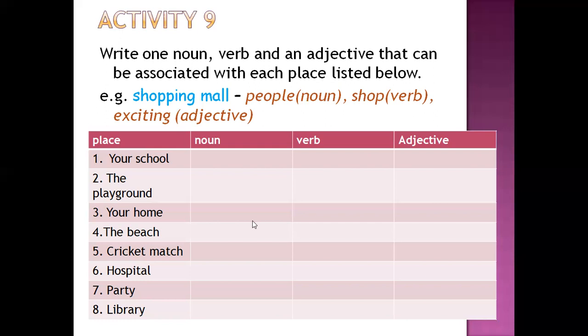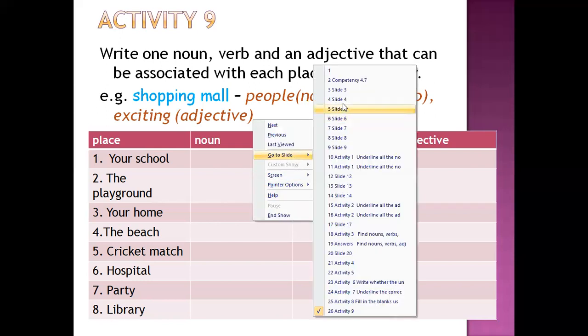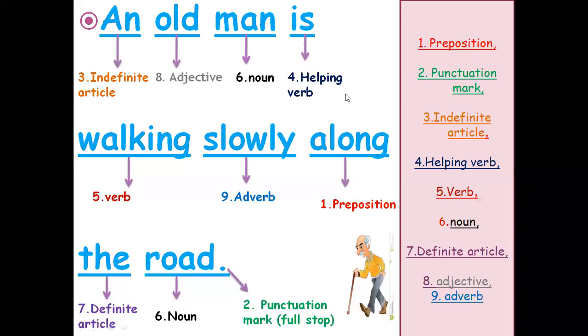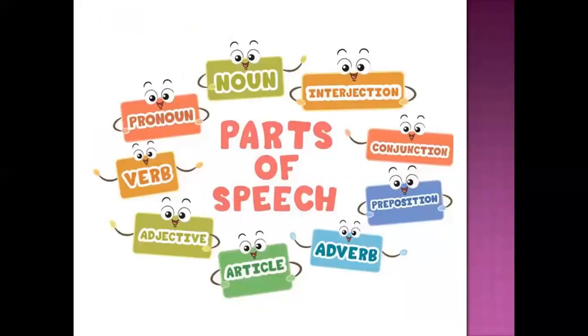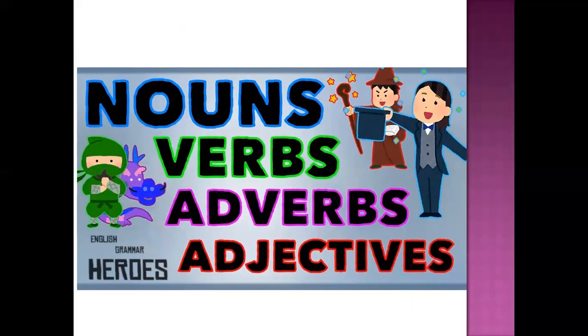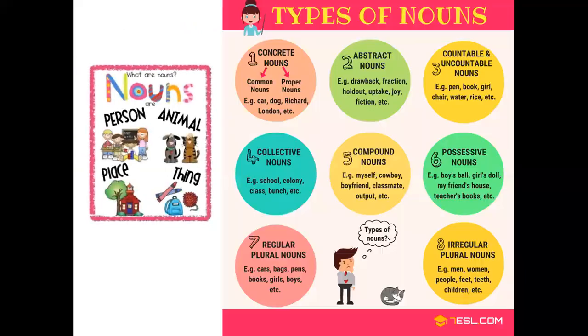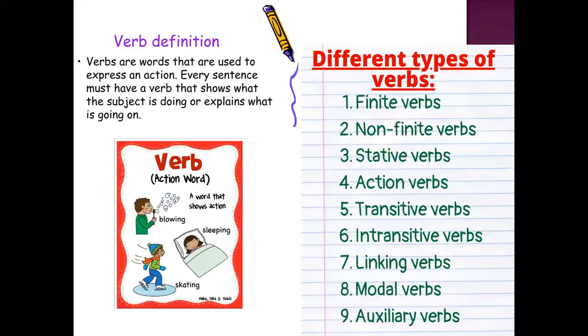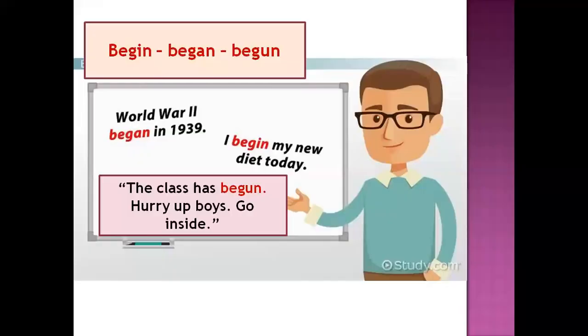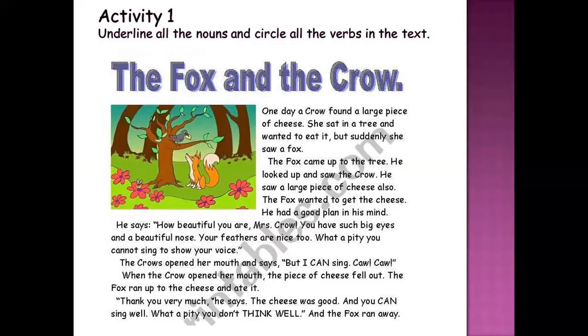Okay, children. Today, basically, we talked about parts of speech. Actually, only four parts of speech: nouns, verbs, adverbs, and adjectives. First we talked about nouns and types of nouns, and we talked about verbs, regular verbs and irregular verbs, and we underlined and circled all the adjectives, nouns, and verbs respectively.